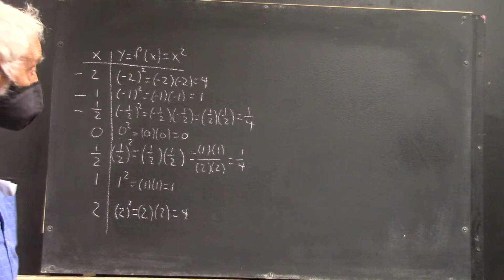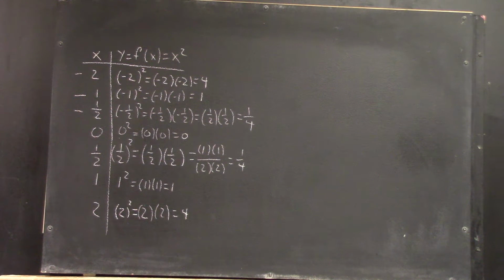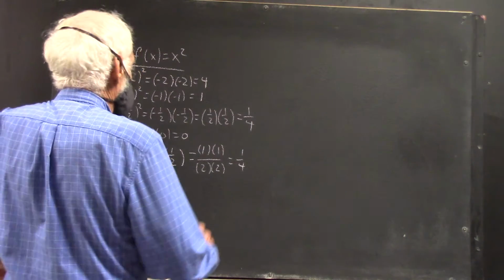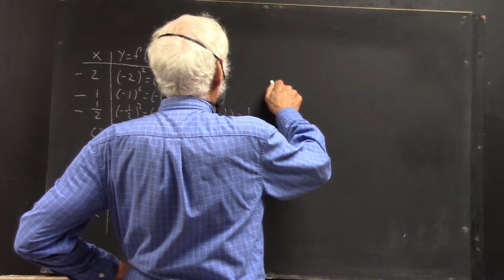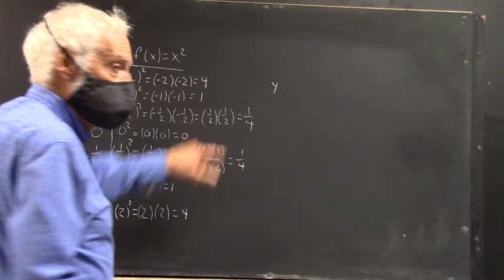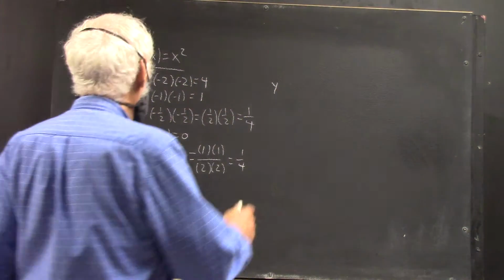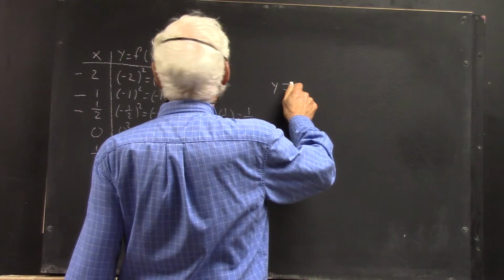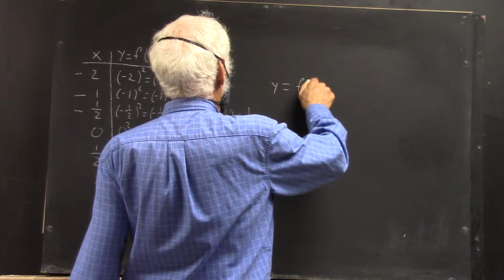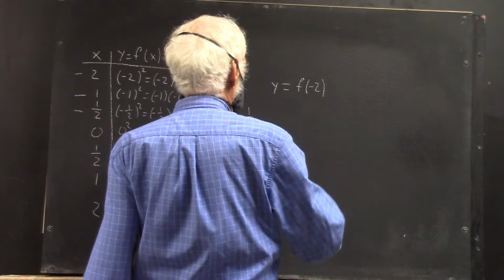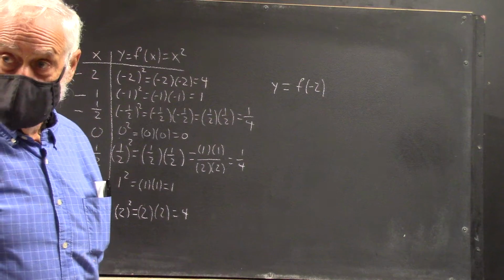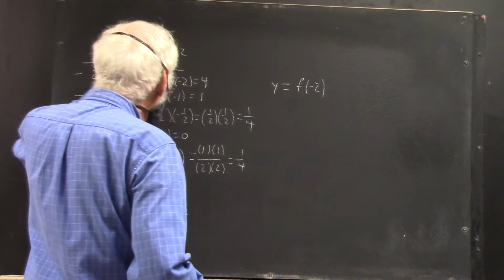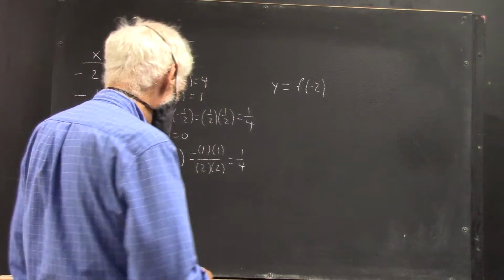Okay? Now this function notation. Writing this calculation out with function notation: y equals f of -2. Okay? Now, f of x equals x squared.